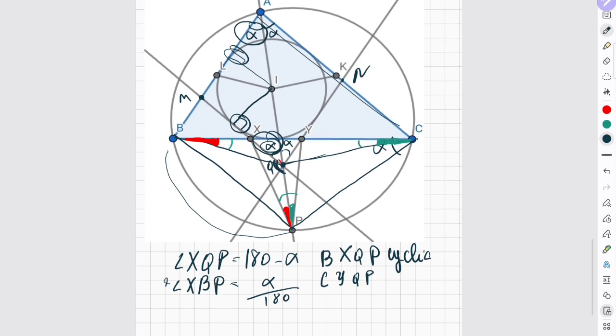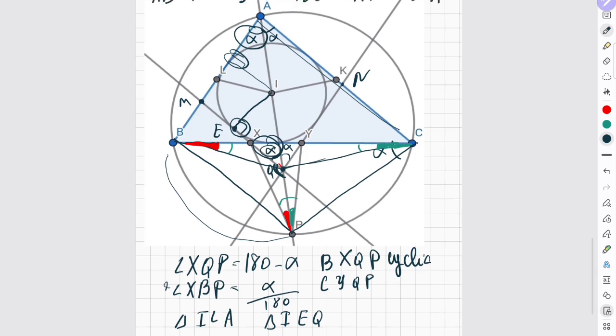So overall, in the triangles IDA and IEQ, let's call them D and E, the angles are equal, and we know that IE and ID are the radii.